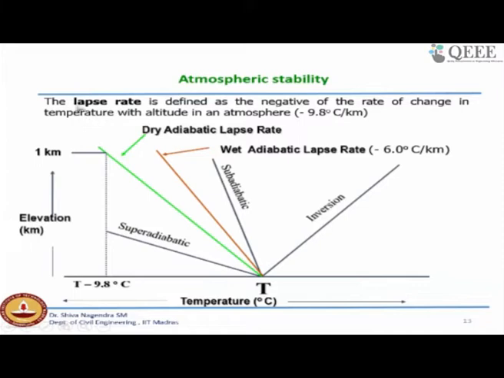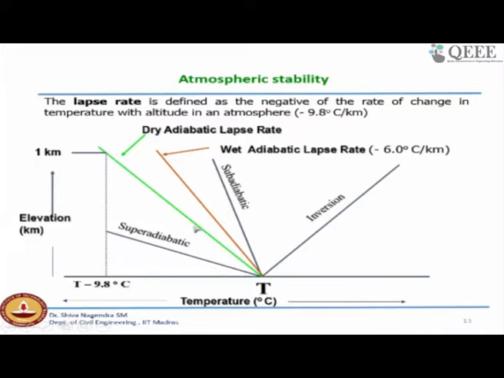Now try to understand lapse rate. Lapse rate is defined as the negative rate of change of temperature with altitude. Now look at this, temperature and height. As you move upward, the temperature decreases with height.